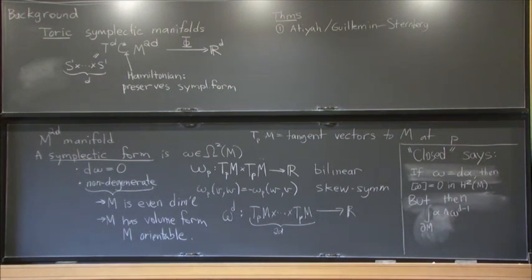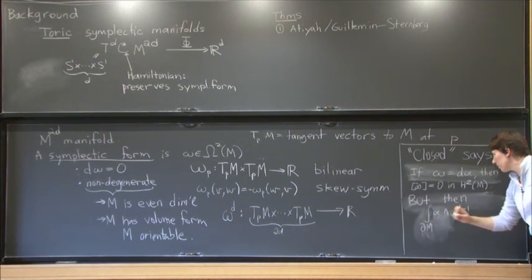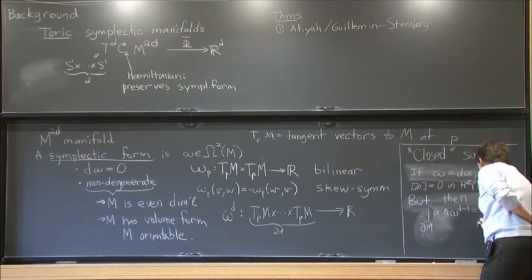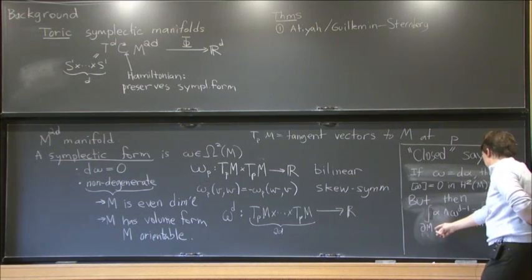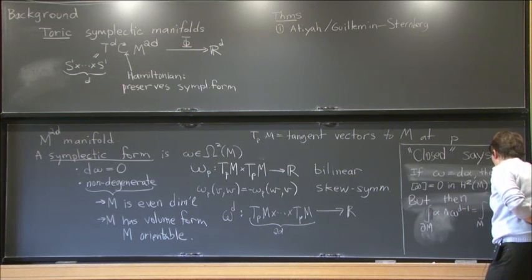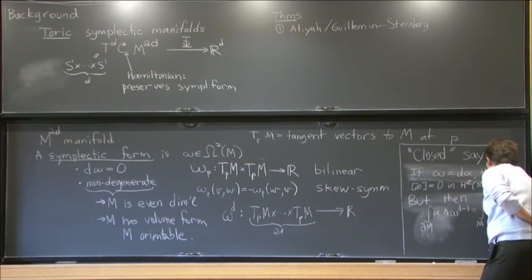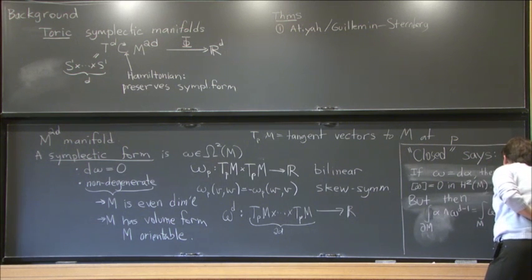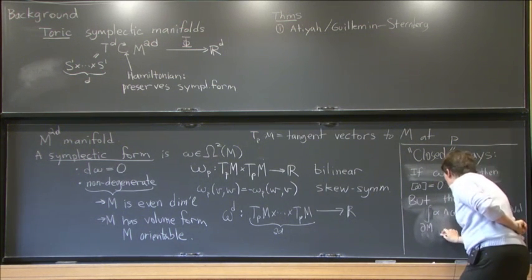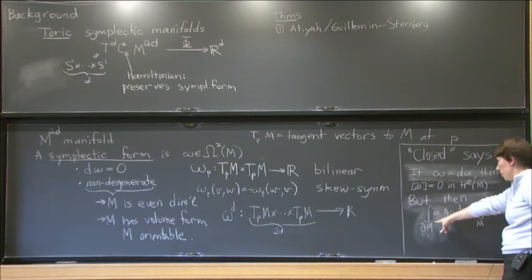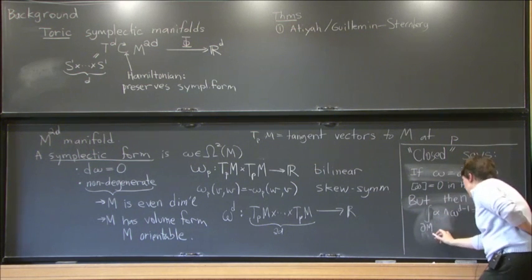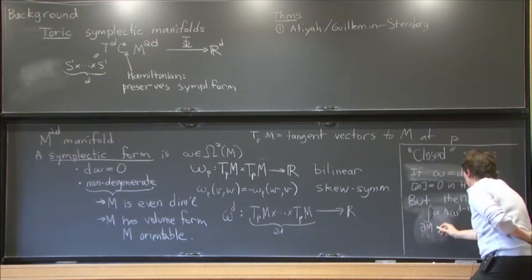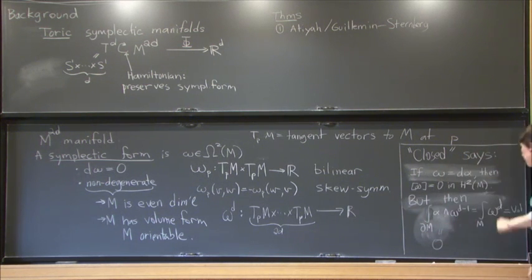Okay, Stokes' theorem says that if I integrate a form on the boundary, that's the same as integrating d of the form on the whole manifold. And so then this is going to be omega to the d, which is the volume of the manifold. On the other hand, if this were exact, I would be able to express it this way, and this would have to be 0 because I'm looking at a closed compact manifold with no boundary.